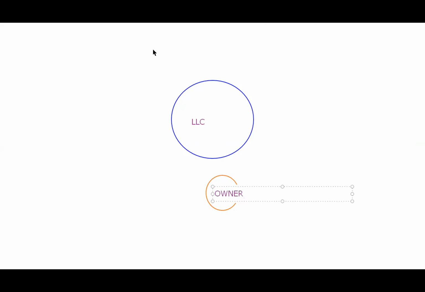This is the LLC. And so you guys can see them, because this is the important part. That is the owner. One single member. One single owner.